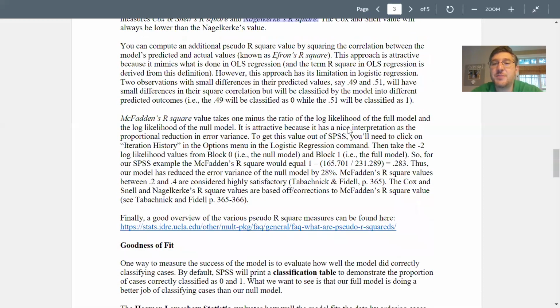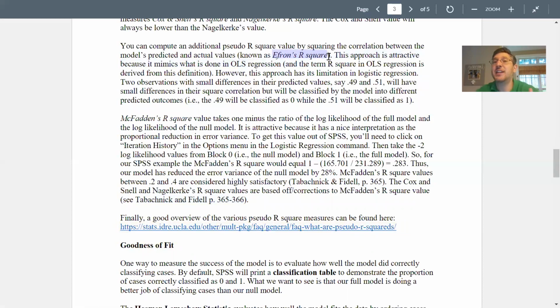I think Tabachnick and Fidell have a really good write-up on these different pseudo R-square values. And here's another link to another really good write-up on lots of different R-square values. One that I'm particularly fond of, that you have to calculate by hand in SPSS, is with this article down here called Efron's R-square value.